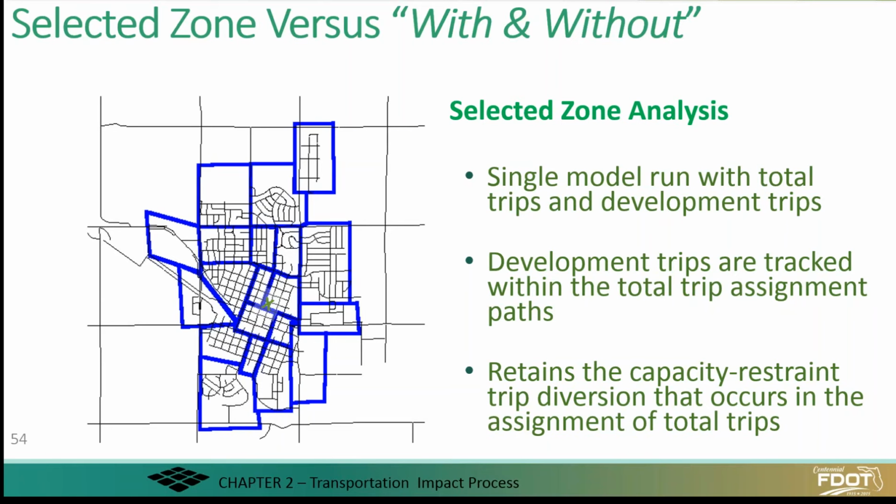So the selected zone analysis allows you to do a single model run with the total trips and the development trips, and you are then able to track the specific trips from that site throughout the network, and those trips are diverted on the network in response to the congestion it encounters throughout the region as far as those trips will travel. What this means is that you're allowed to track the full extent of trips emerging from the site.